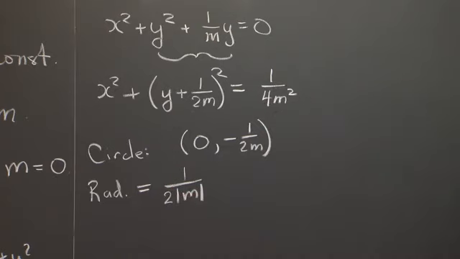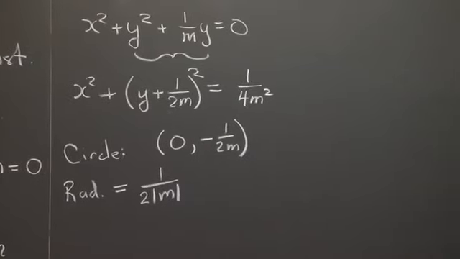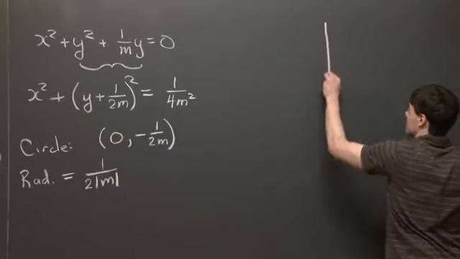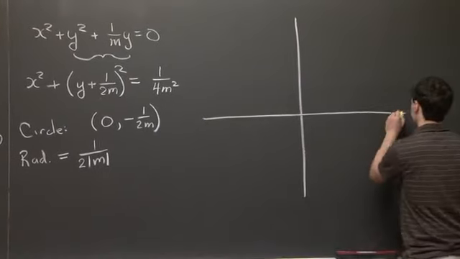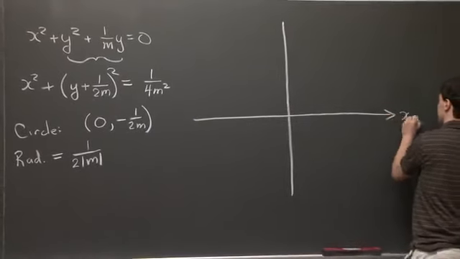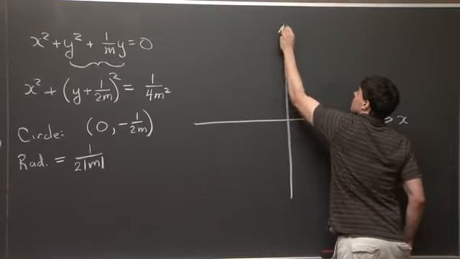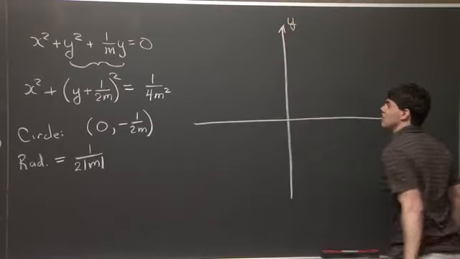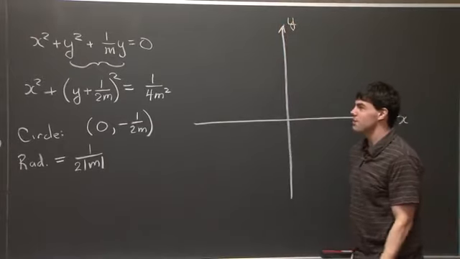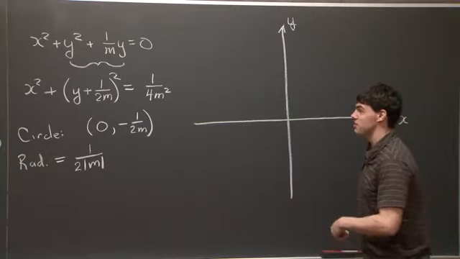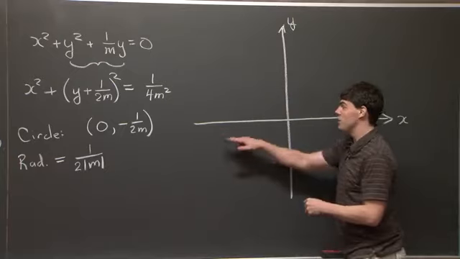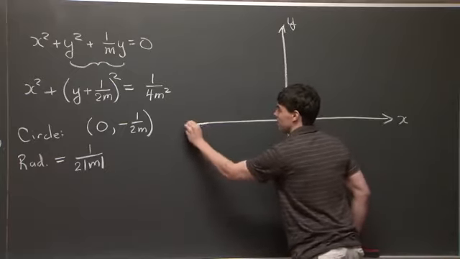Okay, so why don't we take a look and plot a couple isoclines. Okay, so as I mentioned before, typically the first isocline that we should plot is the nullcline, which is m is equal to 0. And we know that this is y is equal to 0.